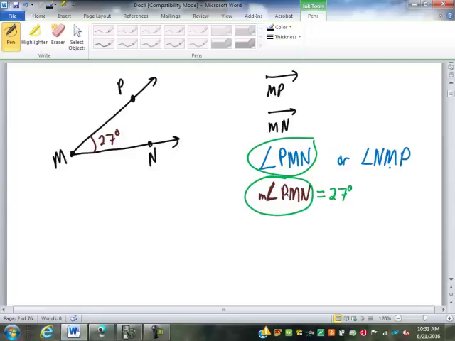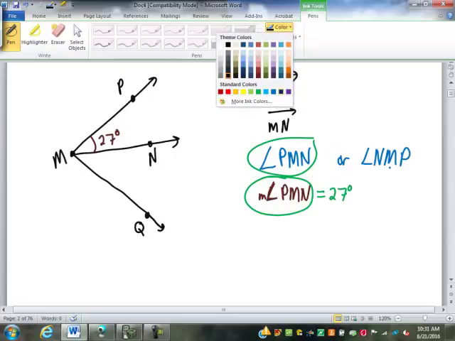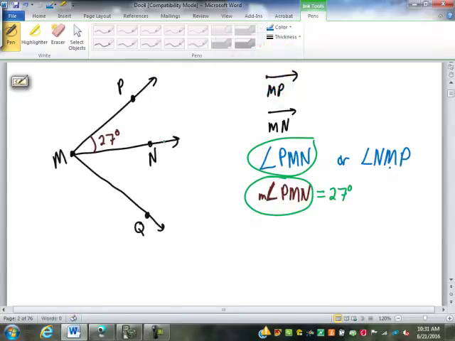Okay, so now that we have this angle, we can form a third ray from that vertex, from M, that might go off like this. So we'll call that ray MQ. And let's say here that angle NMQ has a measurement of 41 degrees.